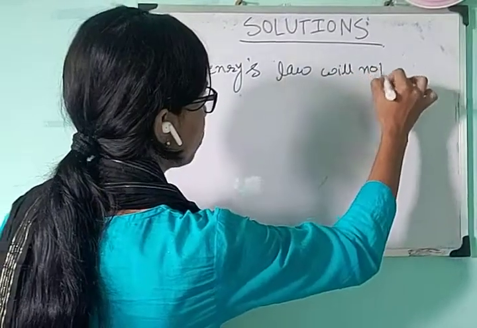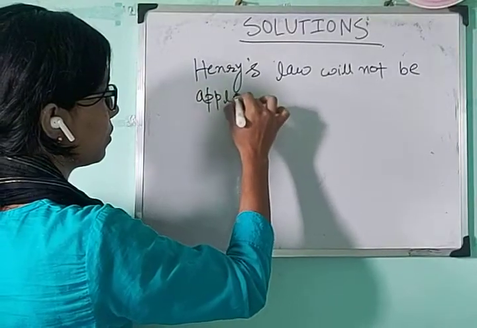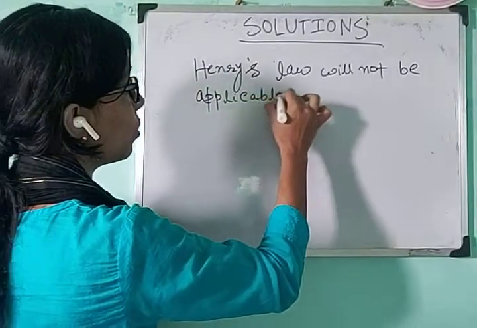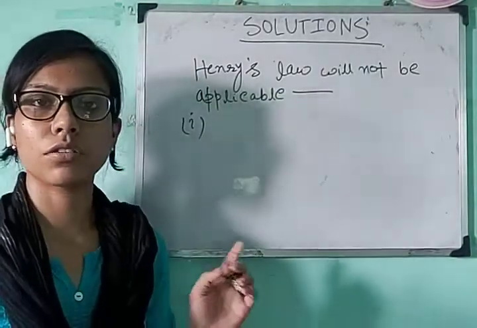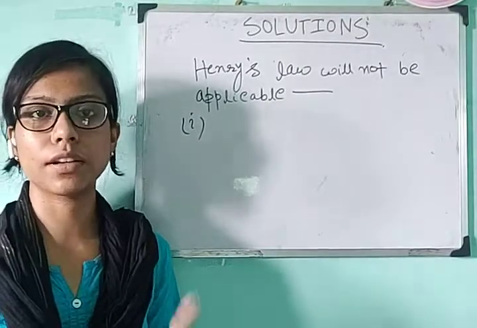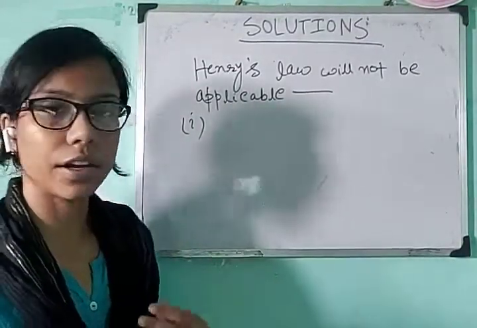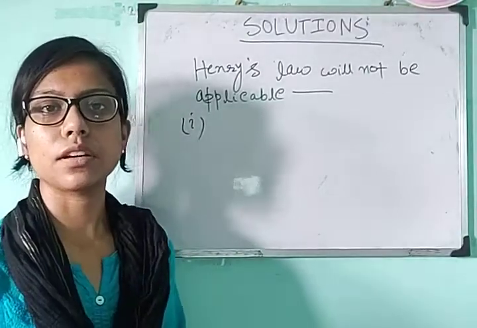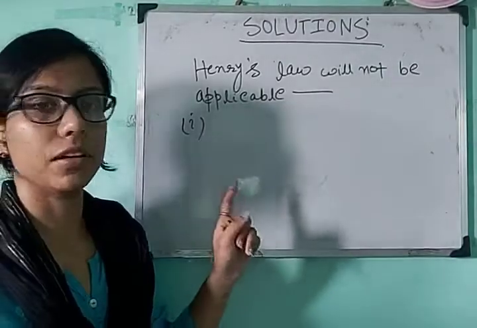The first point is, when we are making a solution, some gases undergo ionization, like HCl gas. For gases that undergo ionization in the solvent, Henry's law will not be applicable.